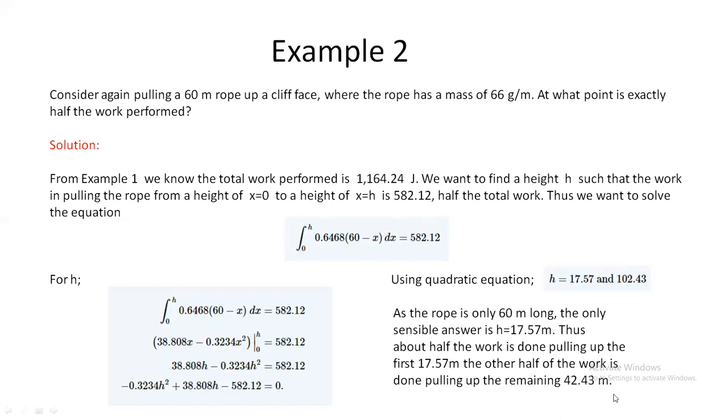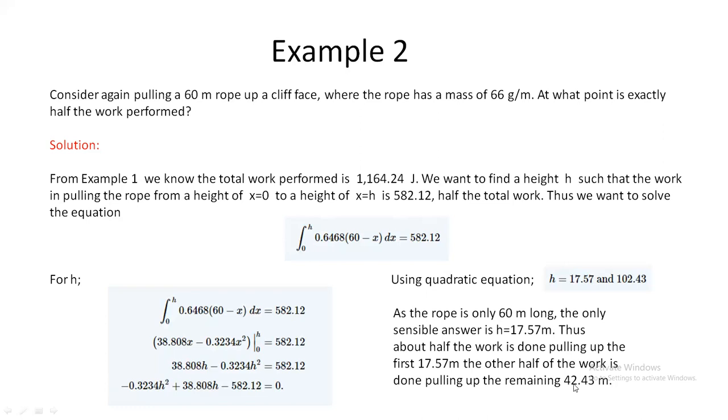Again, going back to what was explained in example 1 by Eugenie. As you pull the rope up the cliff, the weight that is remaining suspended becomes lesser and lesser. So that is why the greatest amount of work is done in pulling up this small portion, the 17.57 meters.